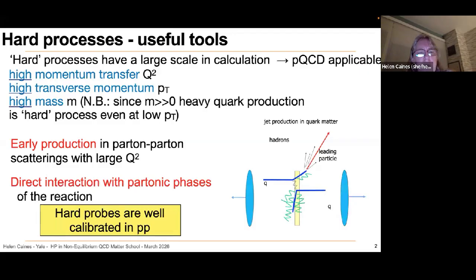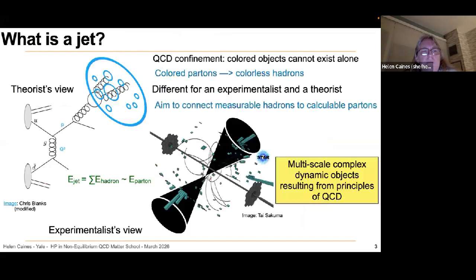And because it's calculable by perturbative QCD, we can calculate this in theory. In pp, it's a very well calibrated probe in the vacuum. So we can use this as a baseline because we know theoretically what it should look like, and we can compare it to our measurements at the colliders.